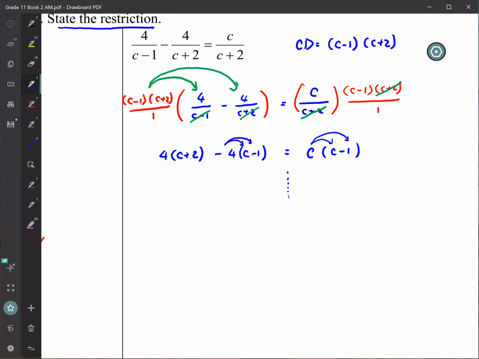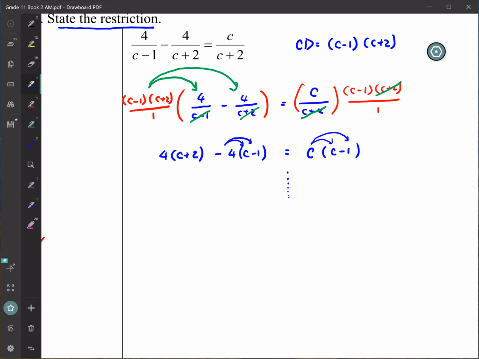Okay, does anyone have trouble solving this one? Okay, so let's simplify a little bit, okay?